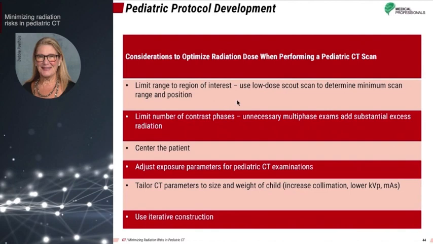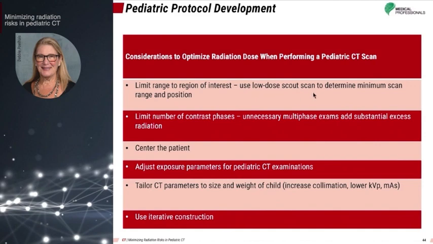As part of their effort to change clinical practice to reduce radiation exposure in children, the Image Gently campaign has published general considerations for dose reduction. They include: limit the range to the region of interest.